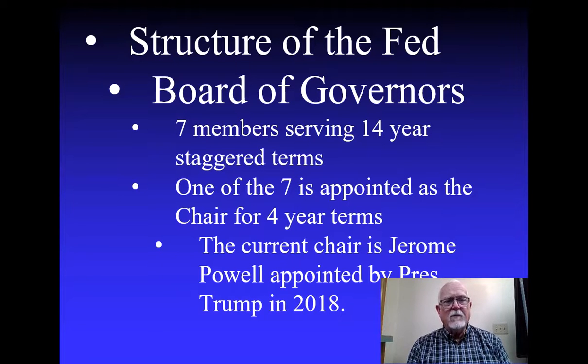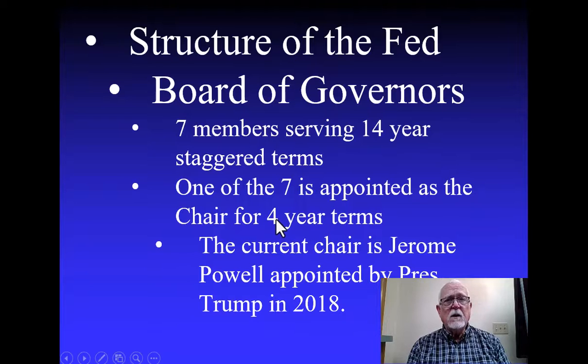Also, it's to kind of get politics out of the Fed because they serve long terms, kind of not quite the extreme of federal judges that serve for life, but certainly 14 years is a long term in terms of political offices. Now, one of these 7 is appointed as the chair of the Federal Reserve Board of Governors, and then they are reappointed or not reappointed every 4 years.